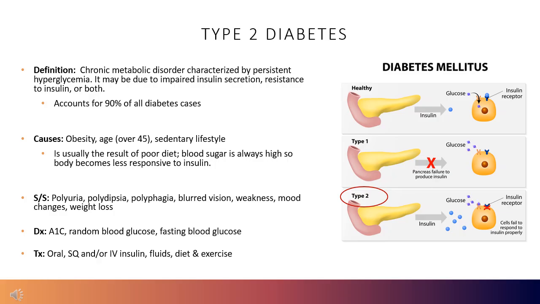And really, if you can't break this down as a student and a future nurse, if you cannot break this disease down in a very simple way where you can really get a 15-year-old to understand this and buy in and get it, then that means you don't understand it well enough.